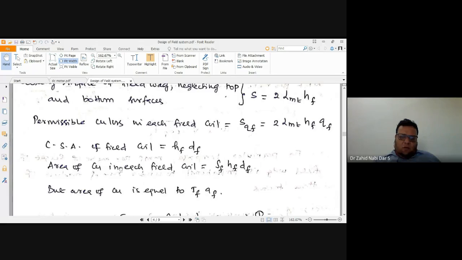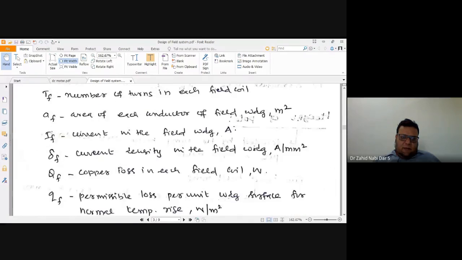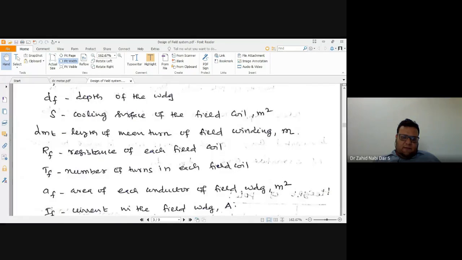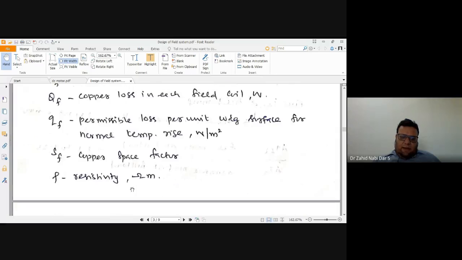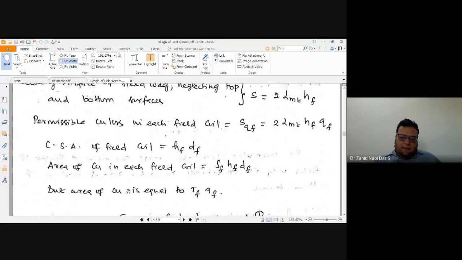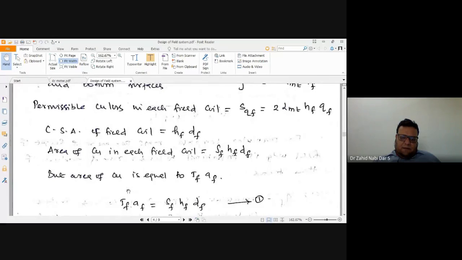So now, how much copper are you requiring? How much copper you are requiring depends upon your SF value. What is this SF value? Copper space factor, because how much space you are going to keep, and how much height and depth it will consider.